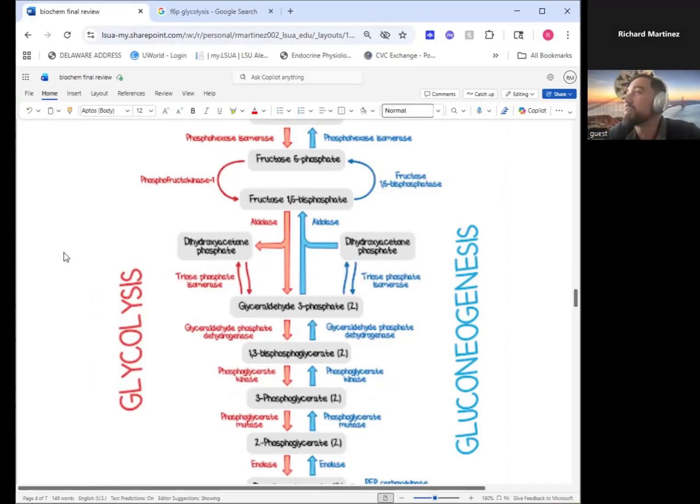If you guys on Zoom want to chime in, please do. So it's going to give a phosphate group to ADP. Exactly. So a kinase is going to transfer a phosphate group to ADP to make ATP.